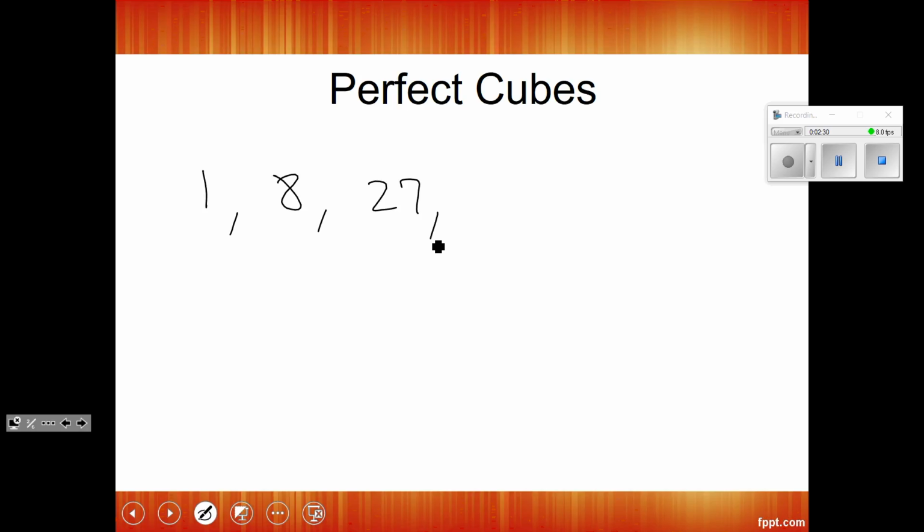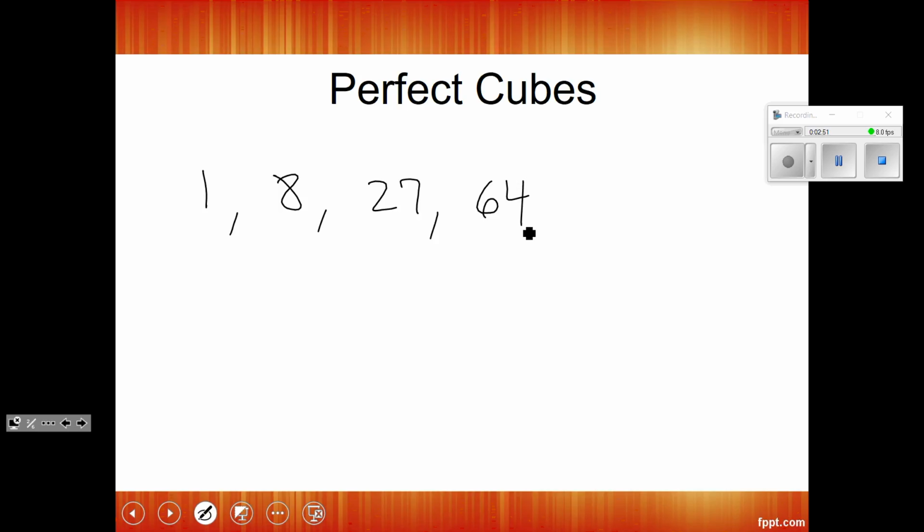Okay, let's talk about how to put this in our calculator in case you need it. So we got 64. Let's see if we can do 5 cubed. Everybody do this with me. We're going to put in 5, and we're going to use the caret button.